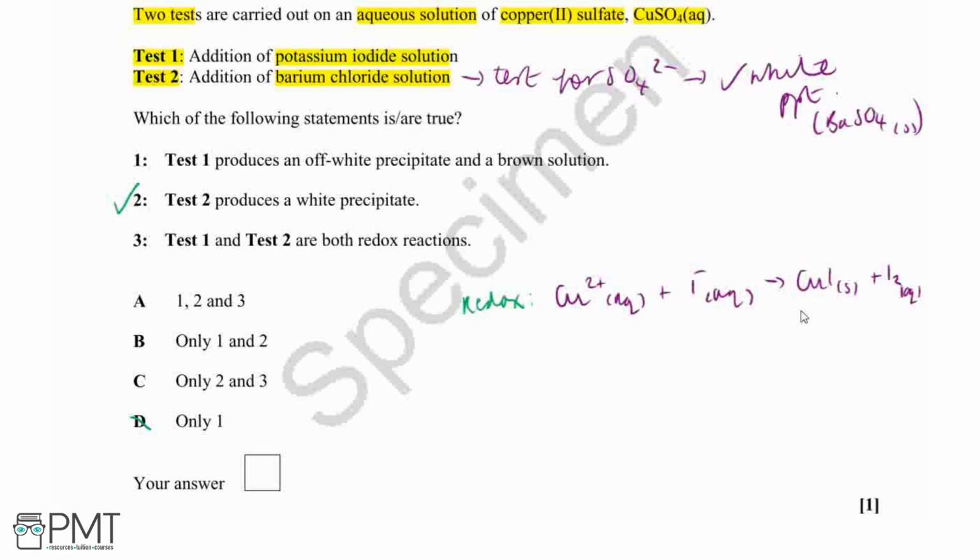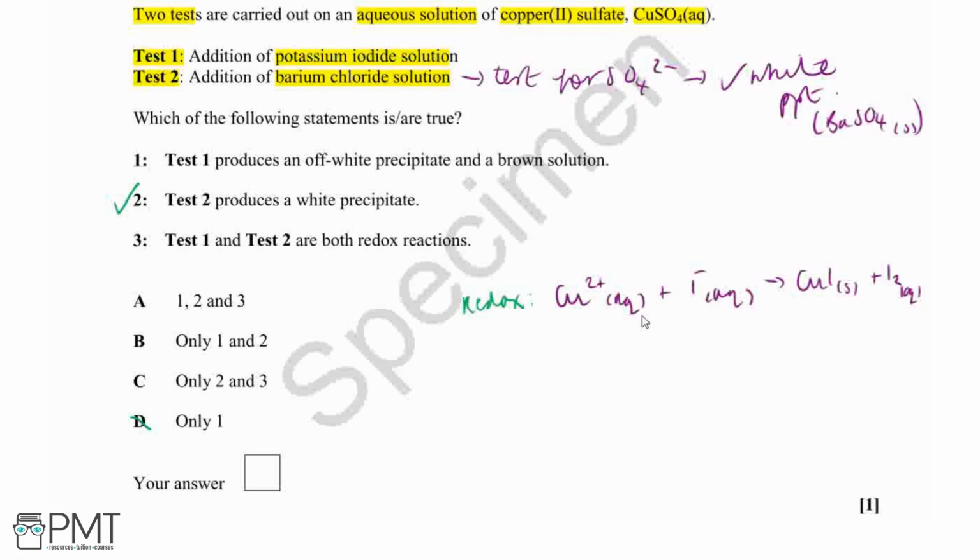We can also see that we've got 3 iodines on the right and 1 on the left. But if we put a 3 in front of this iodide ion here, this will still not give us balanced charges. So we're going to need to do something with the coppers in order to balance this out.